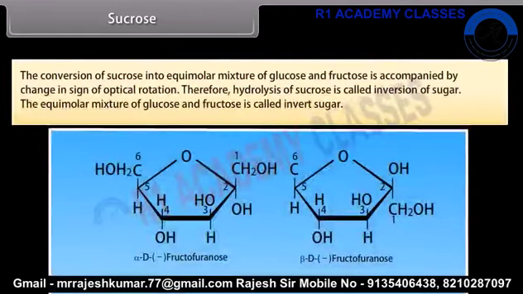The conversion is accompanied by a change in sign of optical rotation. Therefore, hydrolysis of sucrose is called inversion of sugar. The equimolar mixture of glucose and fructose is called invert sugar.